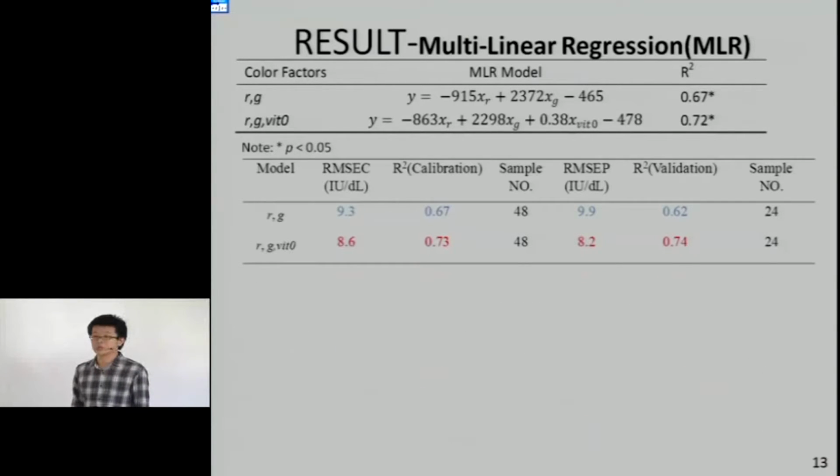To evaluate the model, I use root mean square error for calibration and prediction. To compare the two results, if we add the initial vitamin A level, the error becomes smaller, and the coefficient of determination also increased.